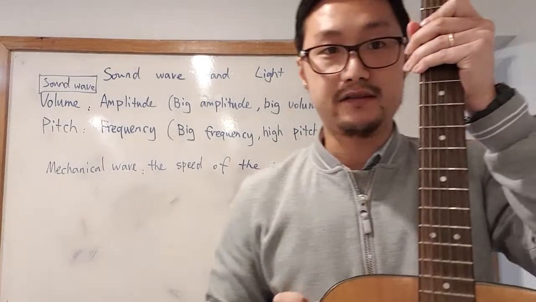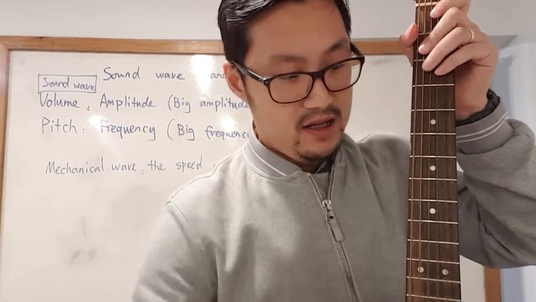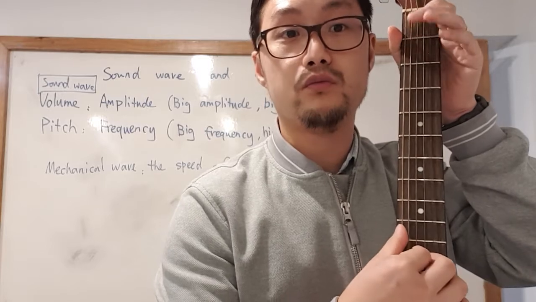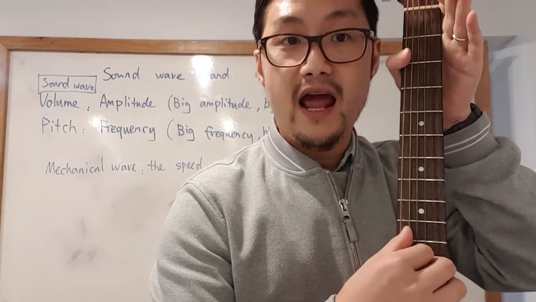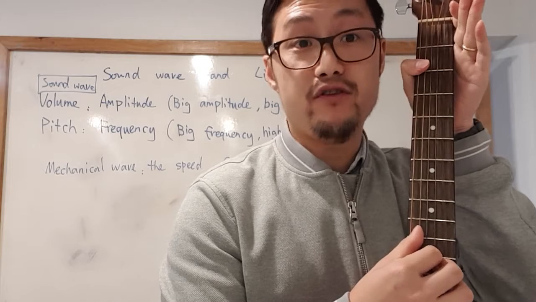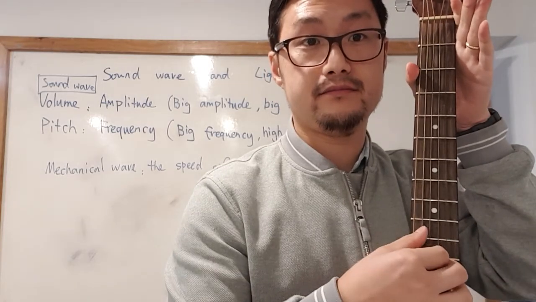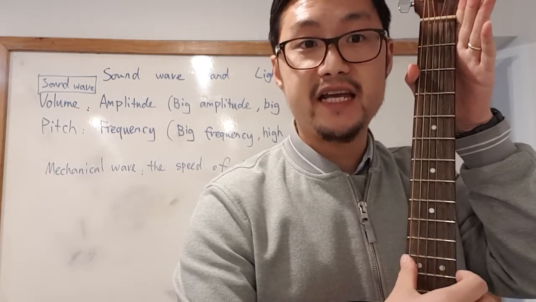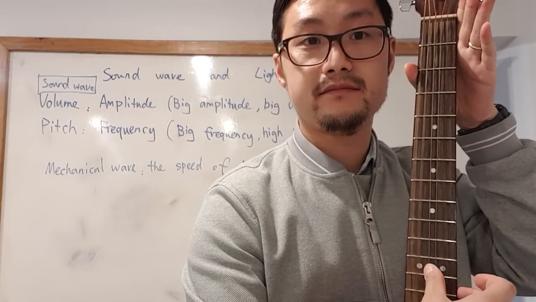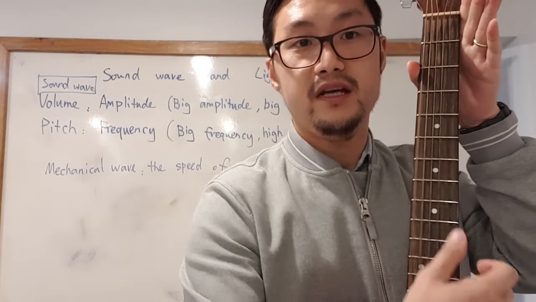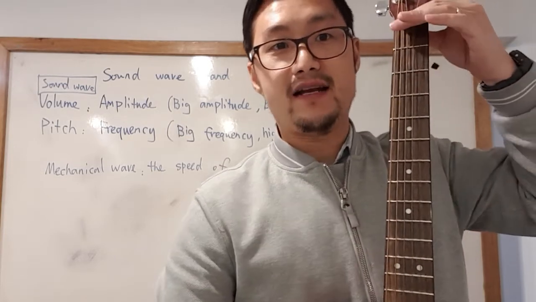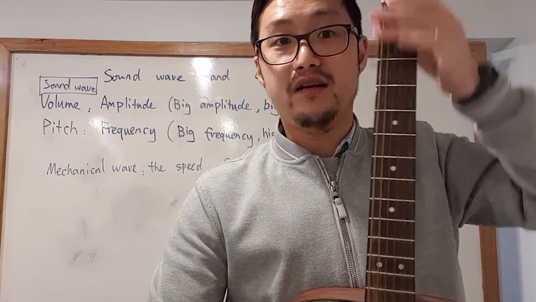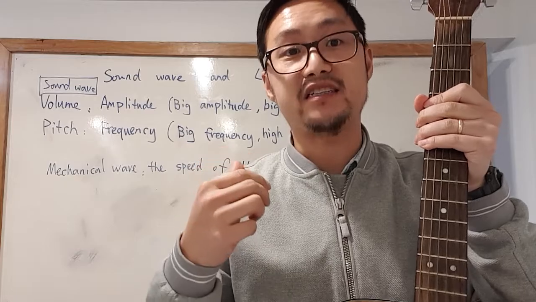Say here, this is a very thick string, so it goes very slow. Okay, and as the string gets thinner, it actually travels faster. You can hear the pitch is getting higher and higher. Even though the wavelengths are exactly the same, it's from here to here. The wavelengths are exactly the same, but because it becomes thinner, the pitch gets higher, okay?